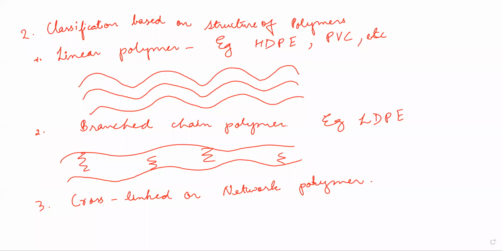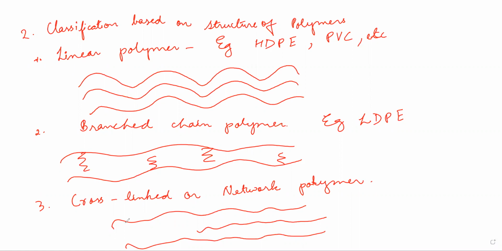One is that they are cross-linked, and also they are linearly joined. So there is a difference. You will find that they are linked like this, in this way. This type of polymer is known as cross-linked, but this happens only when there are bifunctional or trifunctional monomers which have strong covalent bonds.